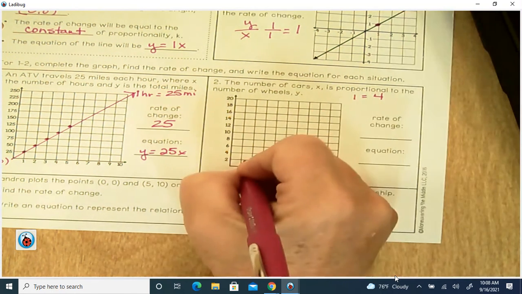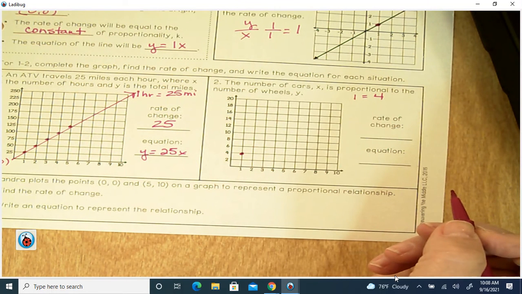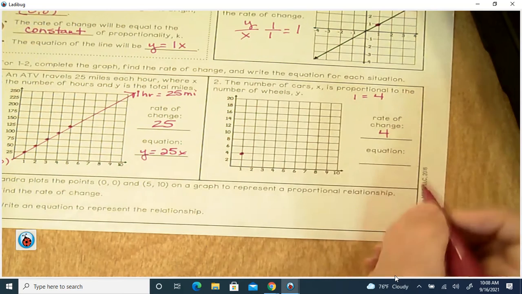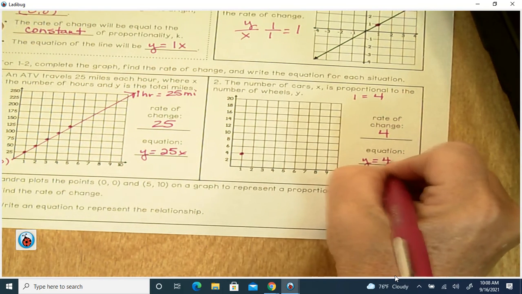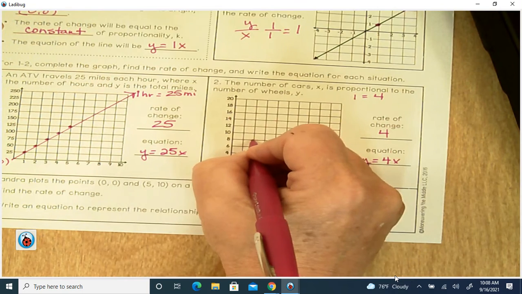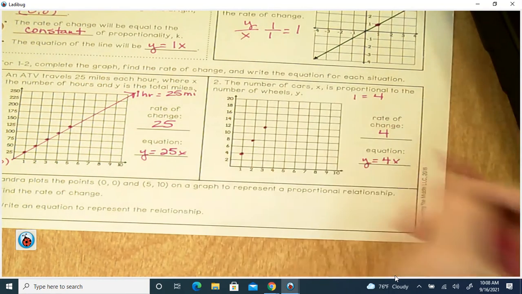So knowing what we know right now, before we go any further, what's the rate of change? 4. Equation? Y equals 4x. Very good. Knowing that, 2 is 8. 3 is 12. Okay, so we'll stop there.